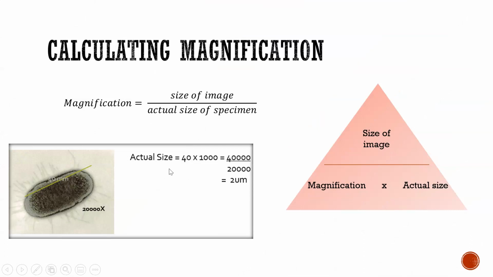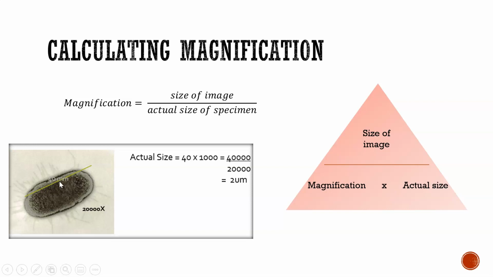Okay, so here we've got an example. We can see our size of image is 400 millimeters. Now we're going to multiply that by 1,000 so that we're in the same units. Then we've got 4,000 divided by our 2,000, which gives us 2 micrometers for our actual size.